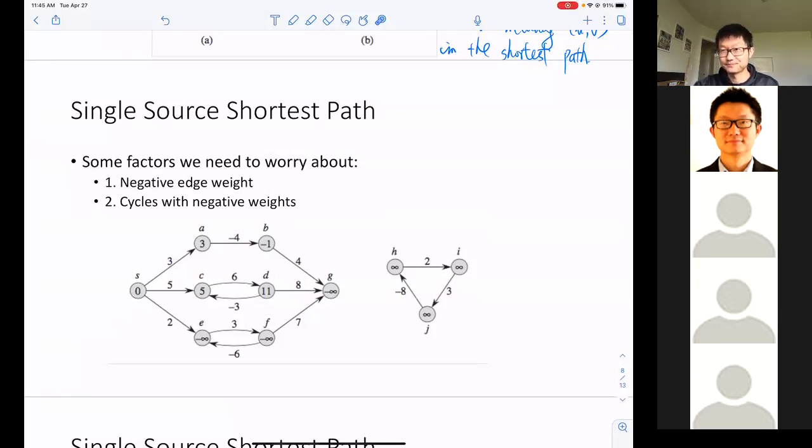We cannot have negative time, right? But that's because we use the edge weight to represent the travel time. However, if we use the edge weight to represent something else, then there could be a negative edge weight.